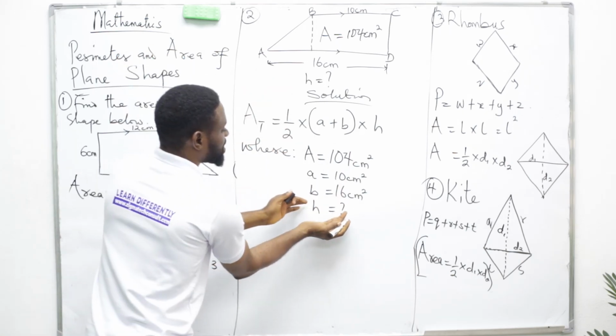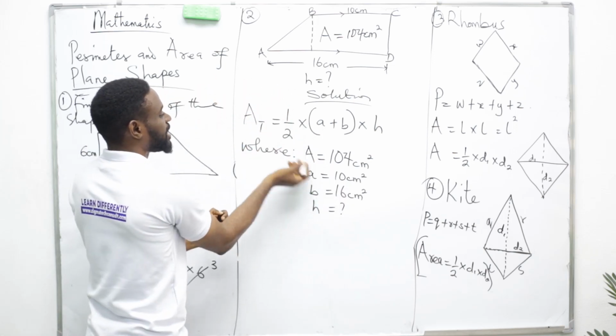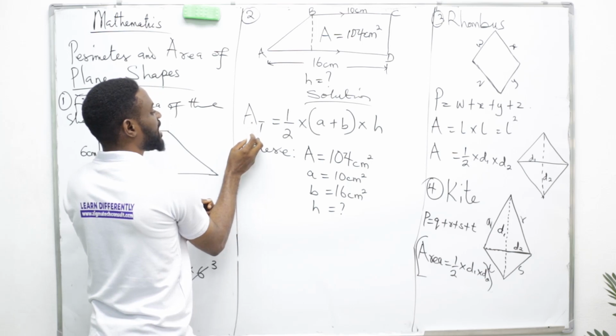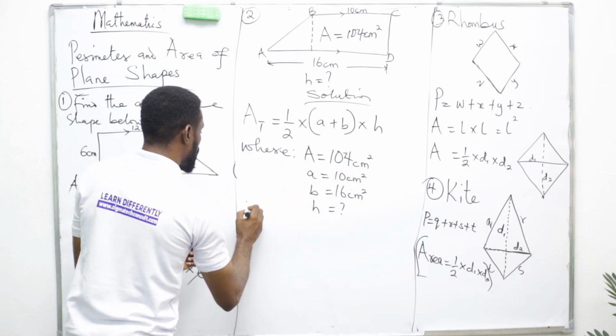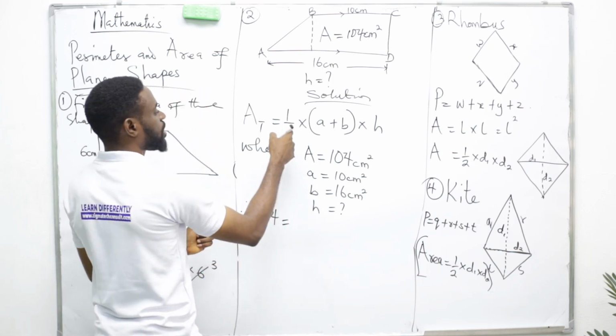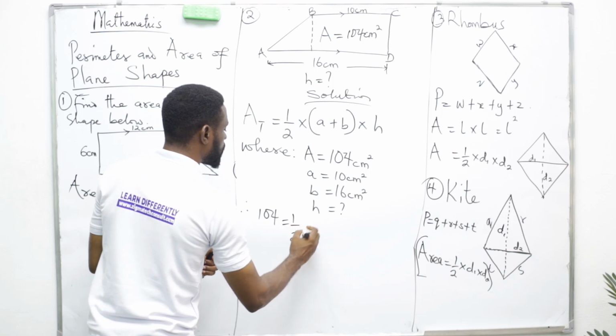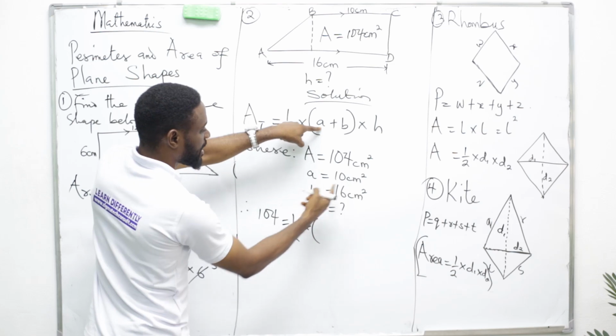So we can substitute these values into this equation, okay? So in this equation, wherever you have area, put 104. So this means therefore 104 is equal to half times, open bracket, A. What is our A? 10.